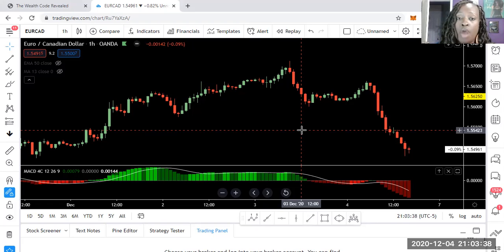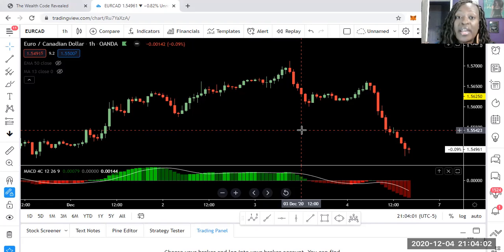The other rule that you want to consider, I wouldn't say it's a rule, but it's definitely a plus, is you want to work with your major pairs, right? Your Euro USD, USD Swiss, USD JPY, Aussie USD, your dollar pairs. Those are your major pairs. You have major and minor pairs.